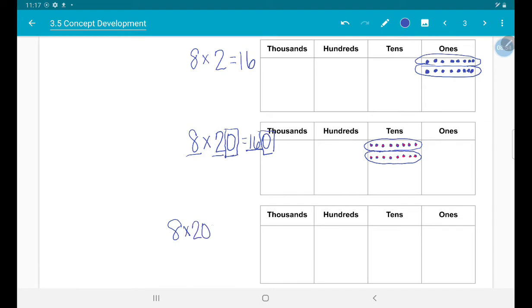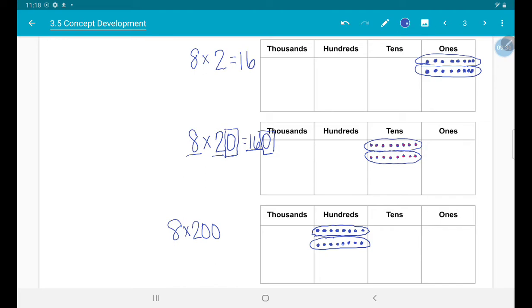8 times 200. So we'll have 2 groups of 8 in the hundreds place value. 1, 2, 3, 4, 5, 6, 7, 8. Here's one group of 8 hundreds. Here's another group of 8 in the hundreds.